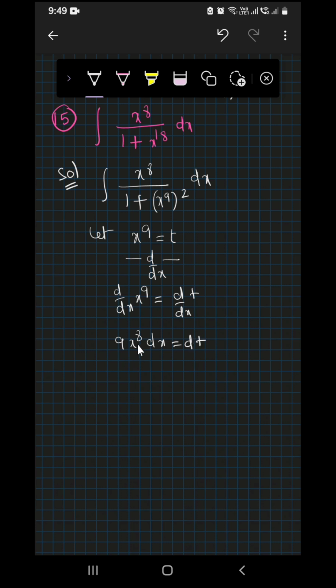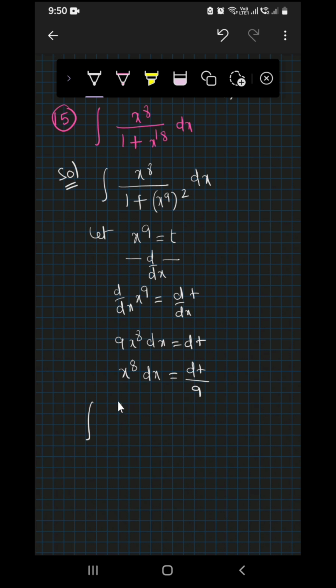Now in the question we have x power 8 dx, so x power 8 dx is equal to dt by 9. Substitute the value of x power 8 dx and x power 9 in the question. We get integration of, see here, x power 8 dx is equal to dt by 9.